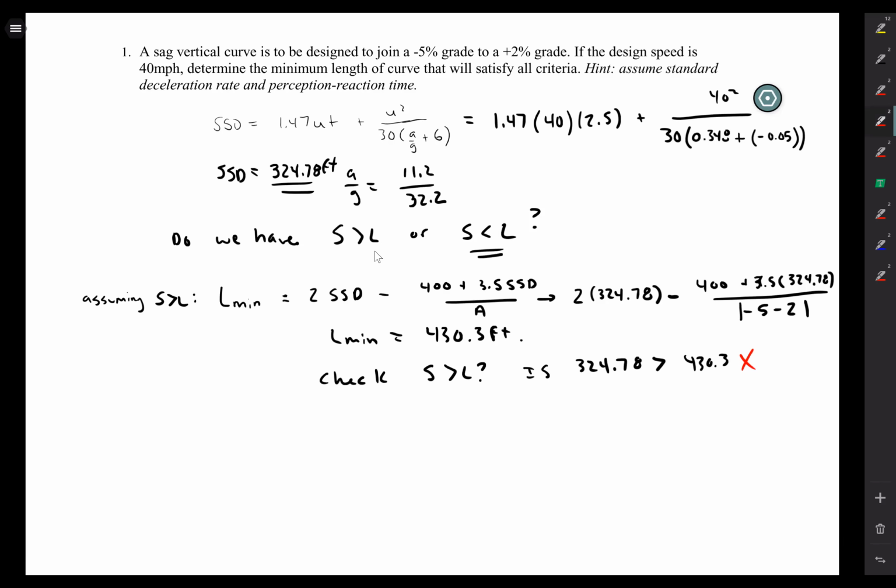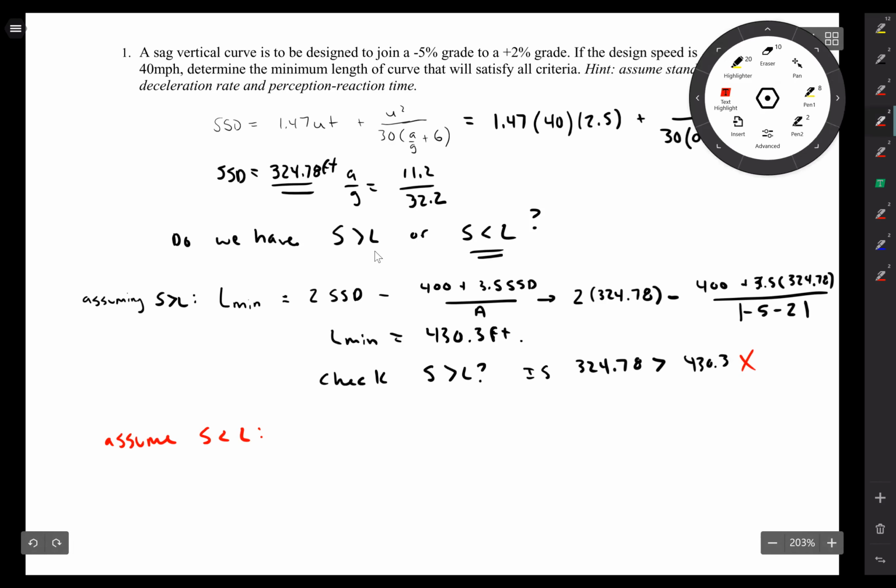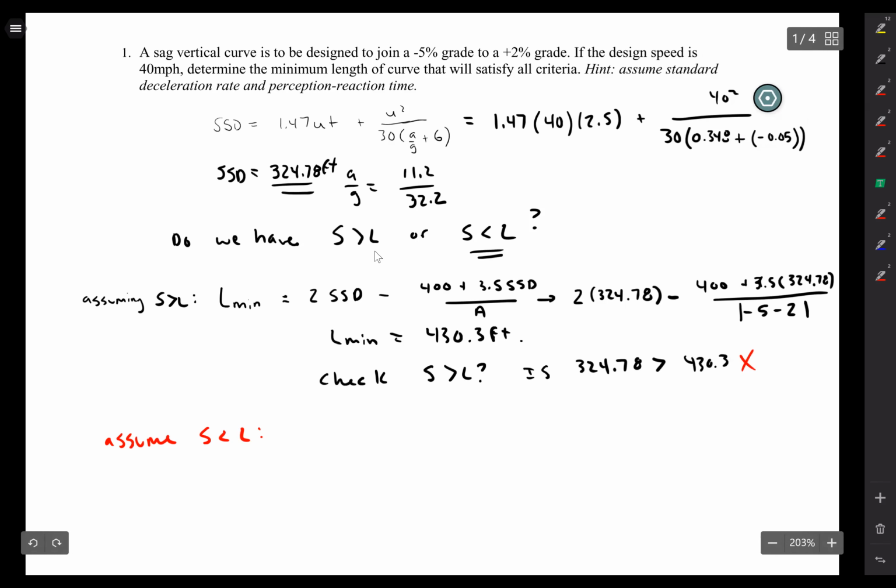I need to go back and instead assume that S is less than L. So for S less than L, our L min equation is going to be A times stopping sight distance squared over 400 plus 3.5 times stopping sight distance.